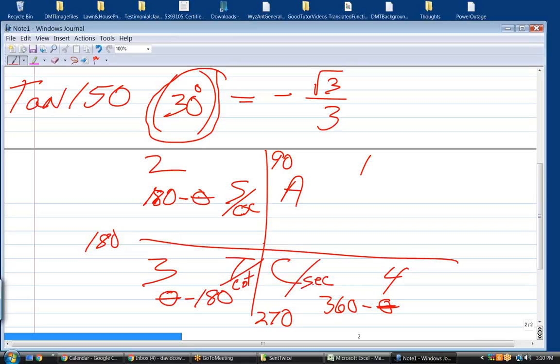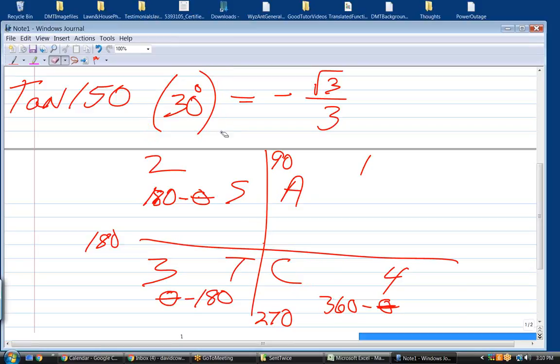In other words, secants in the fourth quadrant are positive. It's just a little harder to memorize it with all that stuff in there. So if we just leave it ASTC, all students take calculus, as long as you know your reciprocal functions, you'll be fine.